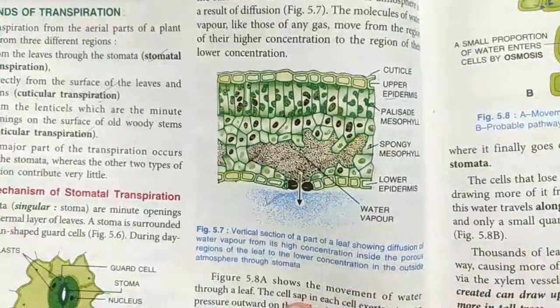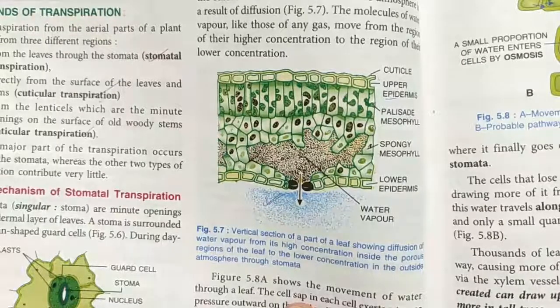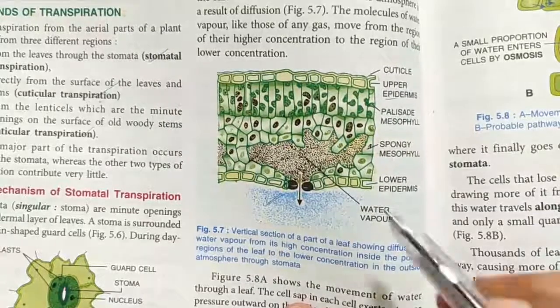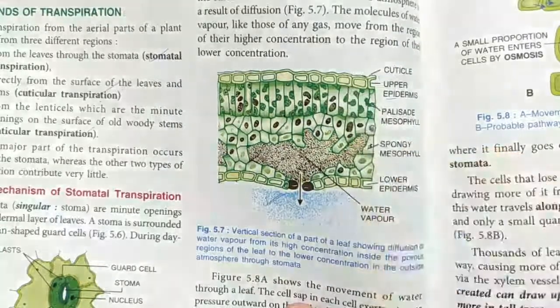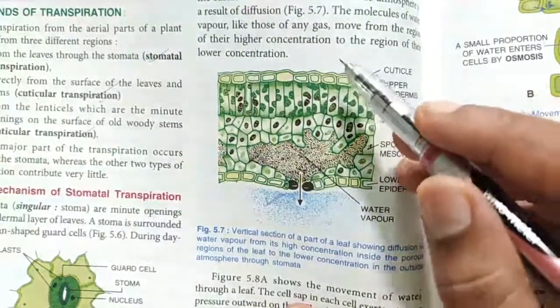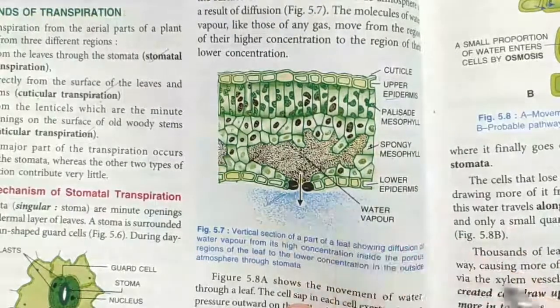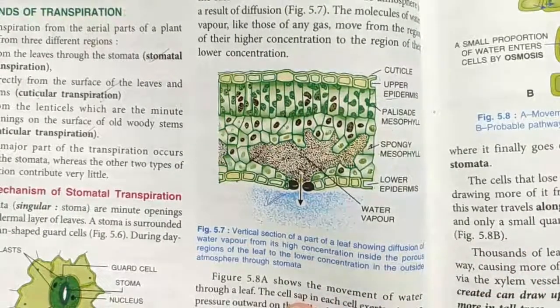It is an adaptation of the leaves to minimize the loss of water from the leaf surface, because if more stomata were present on the top surface, due to sunlight more transpiration would take place. So it is an adaptation of the plant that the maximum number of stomata should be on the lower surface.